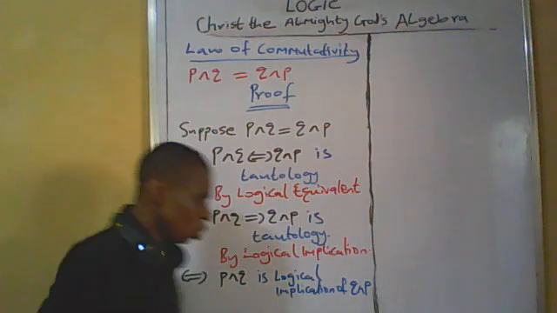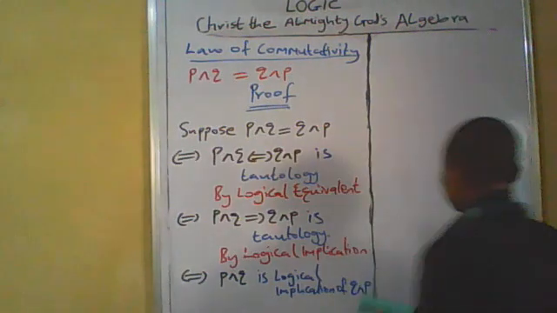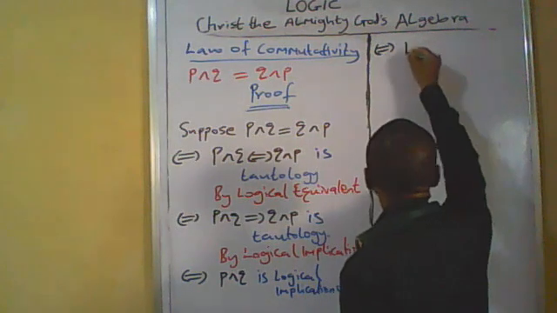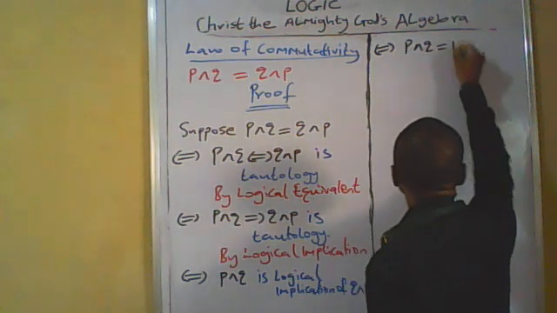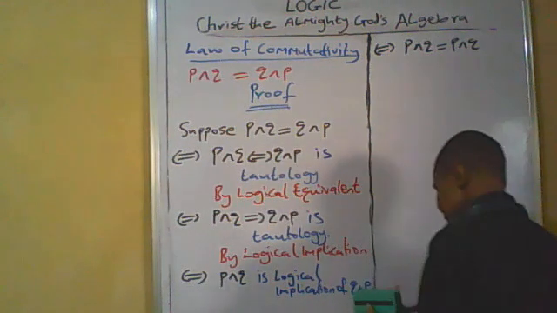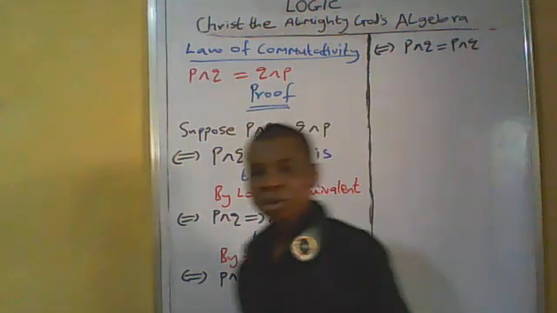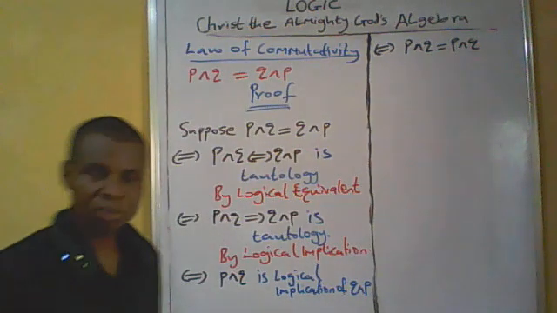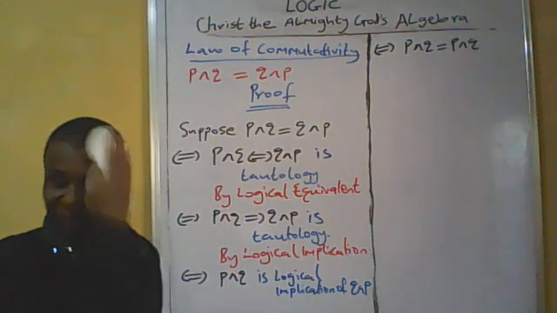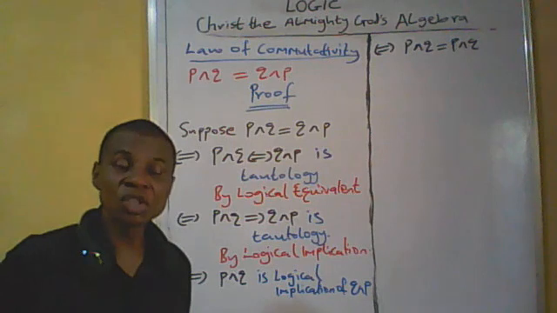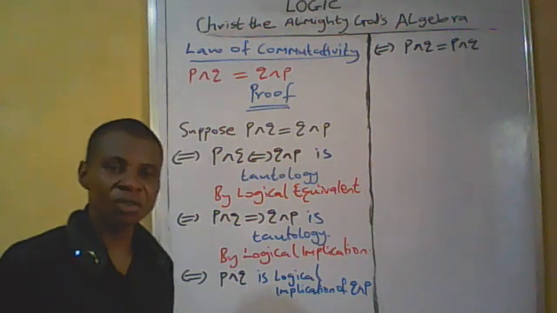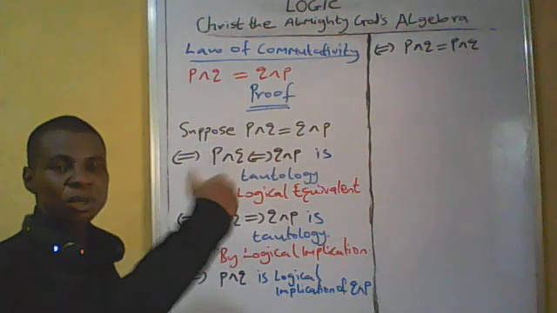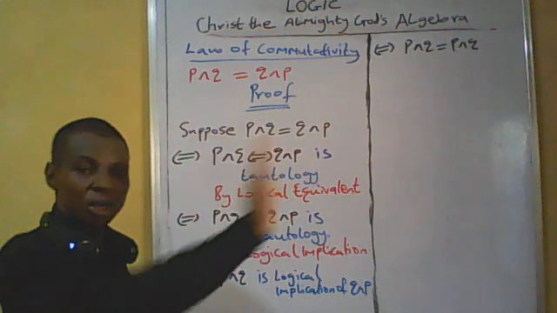So if this is true, this must also be true: P and Q is equal to P and Q. That means the logical implication is equal to itself. It is true that it is equal to itself because whenever the left hand side of the logical implication is true, the right hand side is also true.